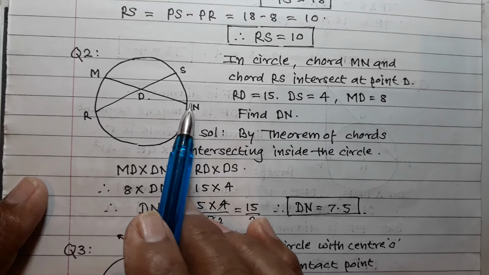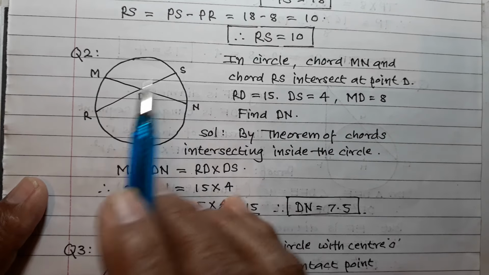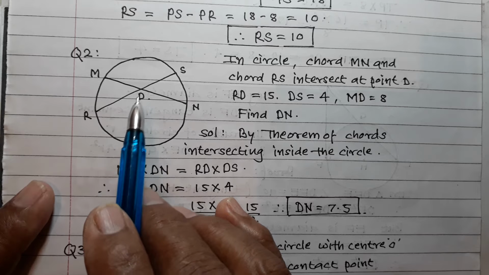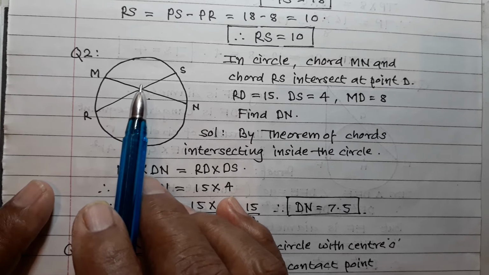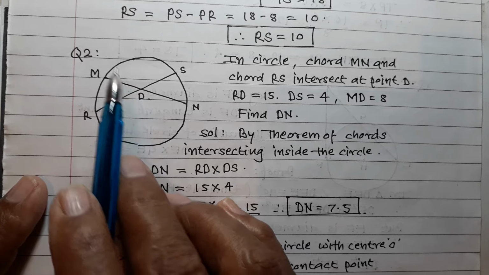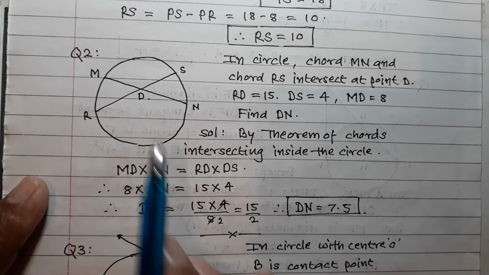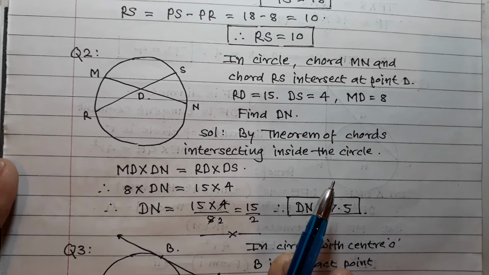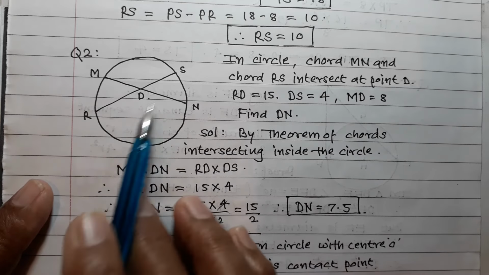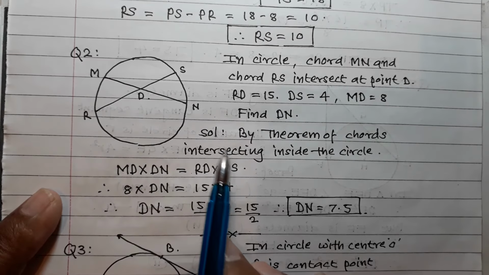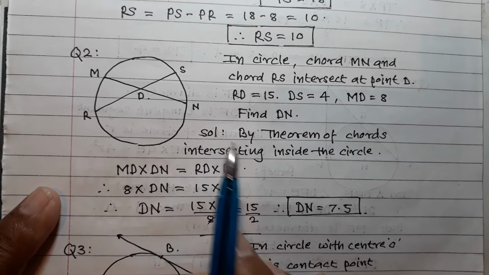This is a chord MN. This is a chord RS. They intersect each other at point D, which is interior of the circle. So that you use the internal division theorem. So try to understand solution.